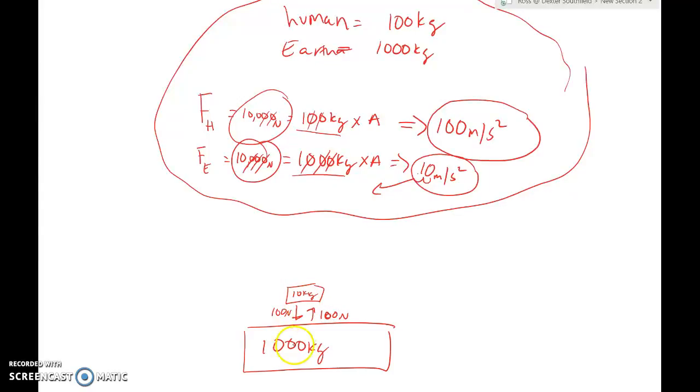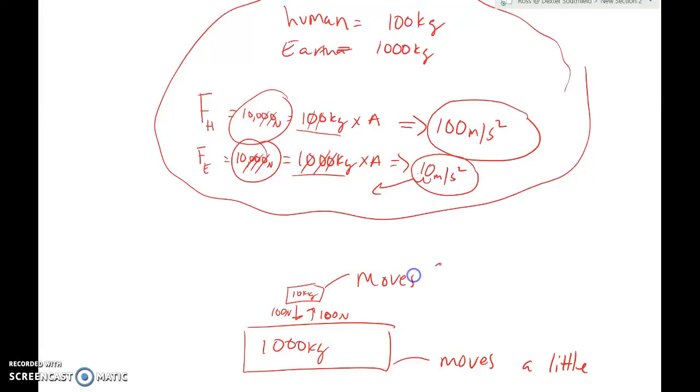Which of these 2 objects are we going to see move? A 1,000 kilogram object with a 100 newton push? Sure, it'll move a little, just following the math of F equals m times a. But this 10 kilogram object pushed by 100 newtons, that's really going to accelerate.